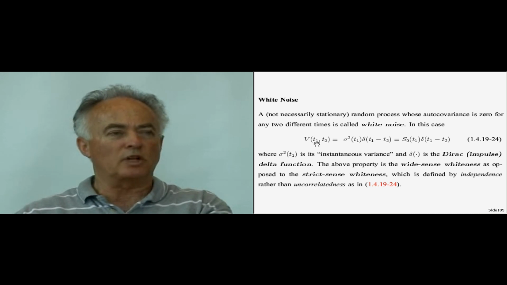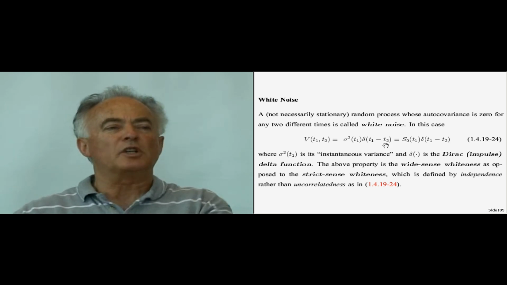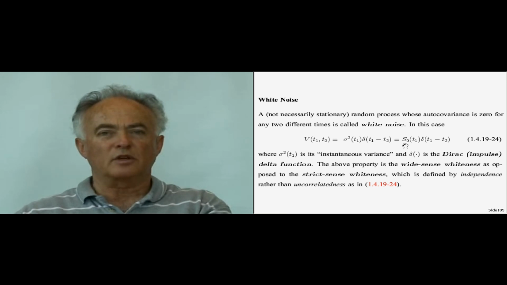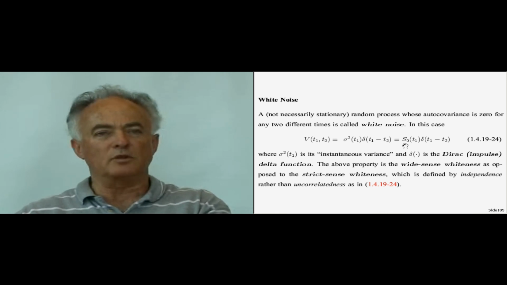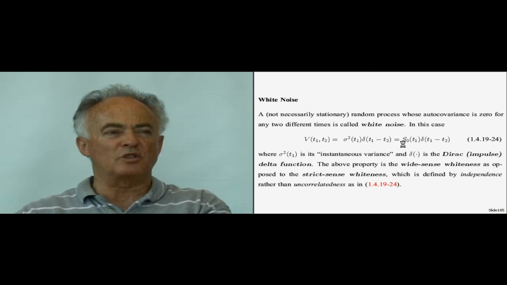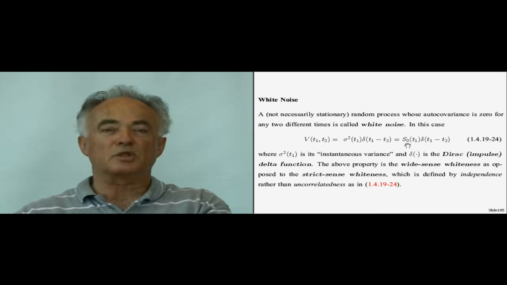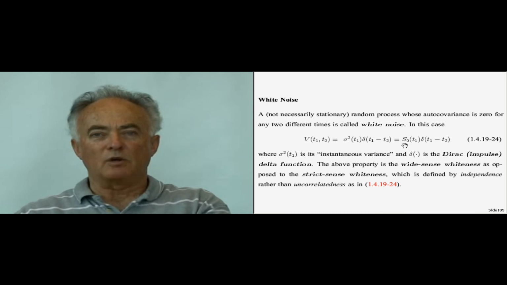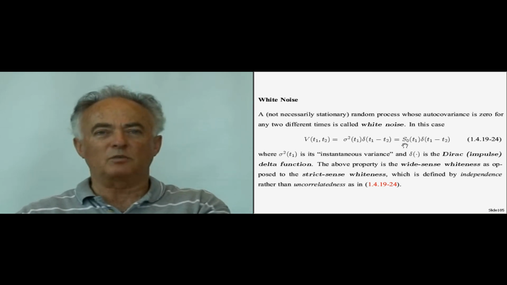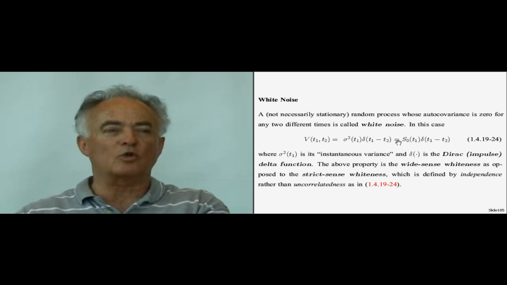Also, it's important to point out that when you take the Fourier transform of the white noise, delta function's Fourier transform is unity. Therefore, its Fourier transform, if it has a constant S0 here, is that constant S0. Means the spectrum is flat. And this is the physical counterpart of what we call white light, which has a spectrum that is flat, at least within our visible region, and this is why this is called white noise.